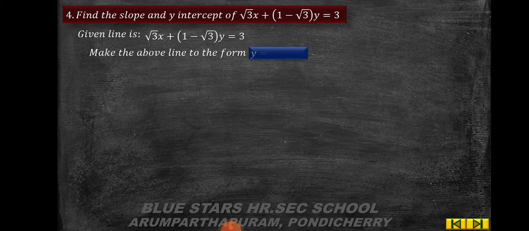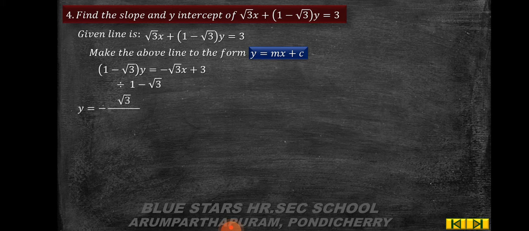Make the above line in the form of y is equal to mx plus c. (1 minus root 3) into y is equal to, taking root 3 x to the right hand side, it becomes minus root 3 x plus 3. Then you have to divide the equation by 1 minus root 3.